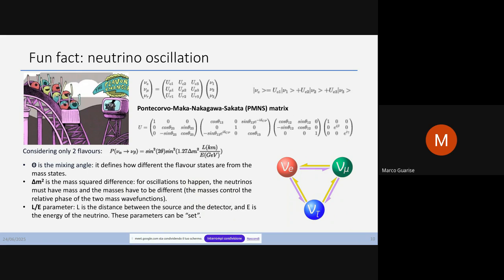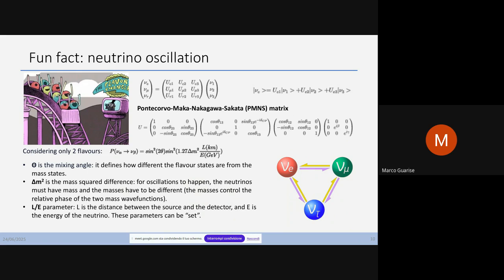An interesting property of neutrinos, which is something that we will measure in DUNE, is neutrino oscillation. As I said, neutrinos exist in three flavor states, which are electron, muon, and tau, but we can also write them in terms of their masses, so neutrino 1, neutrino 2, and neutrino 3.